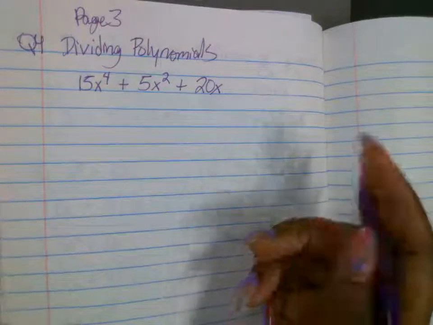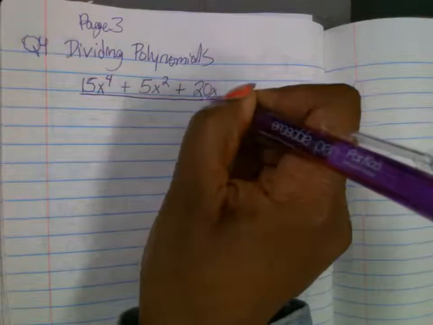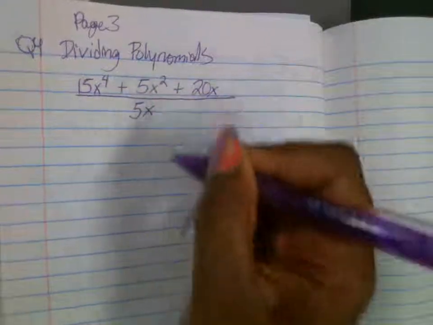And it's in order by degree, highest degree goes first. We want to divide this by 5x.